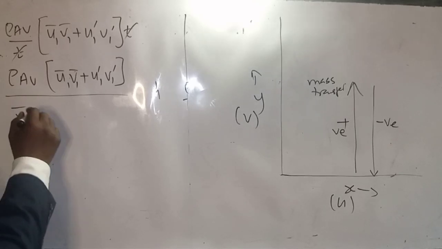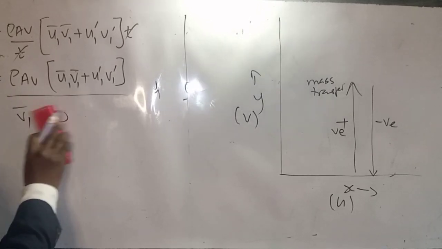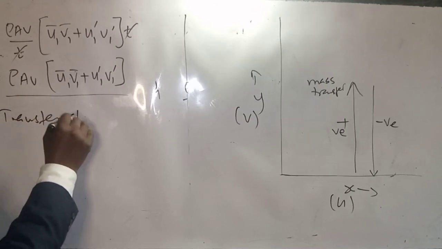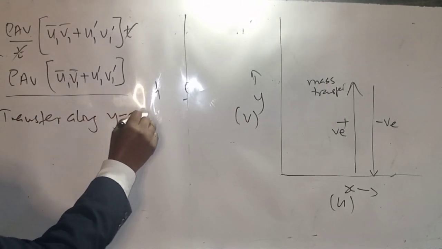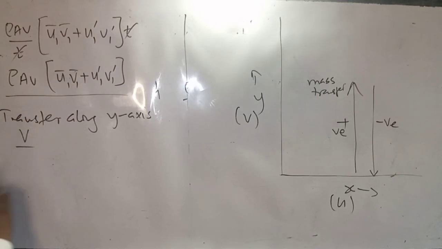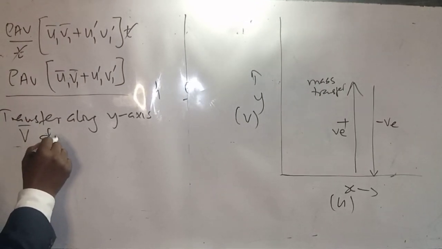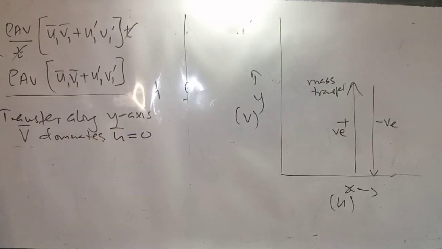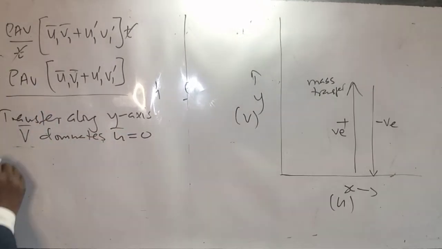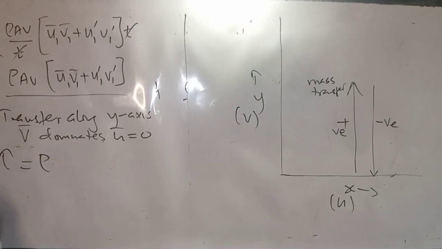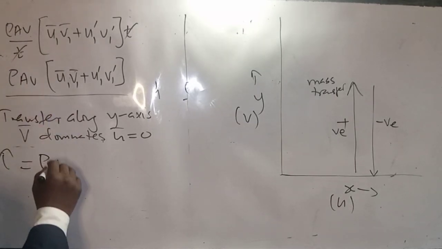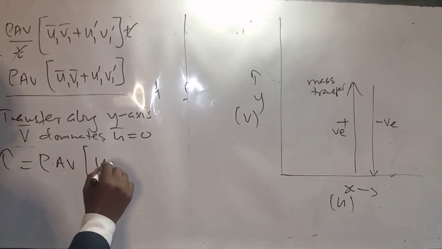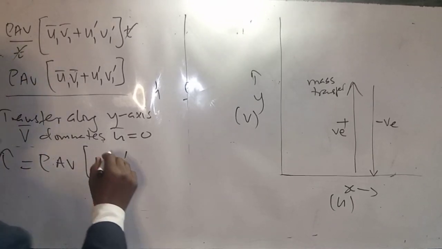If most of the transfer is along the y-axis, then v dominates, and u is 0. And so we will have tau as rho A v into u prime v prime.